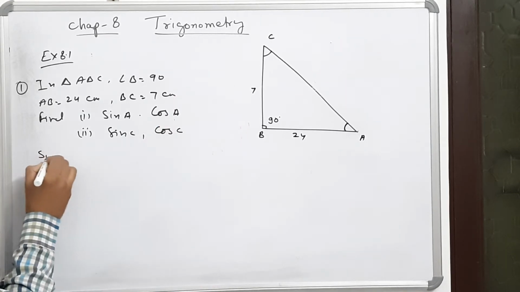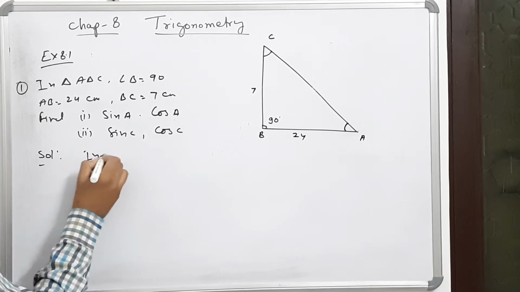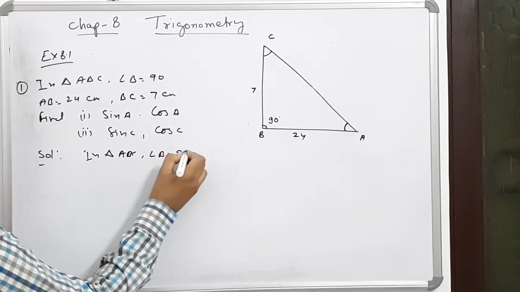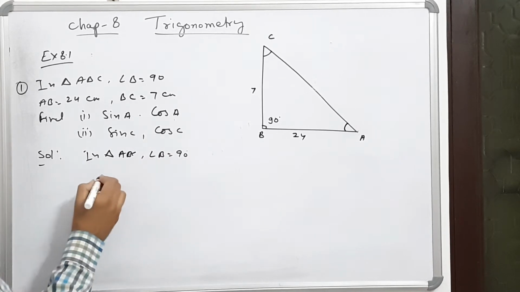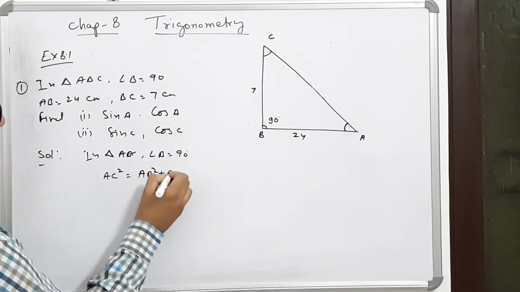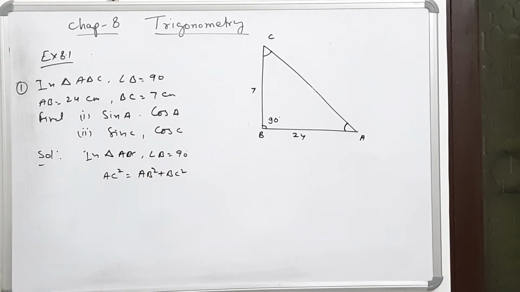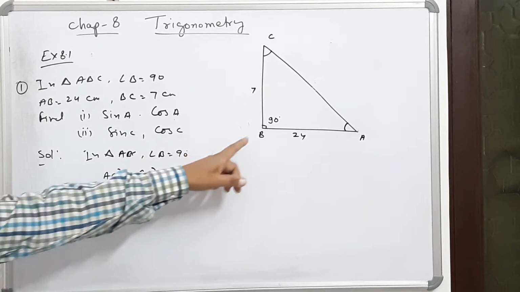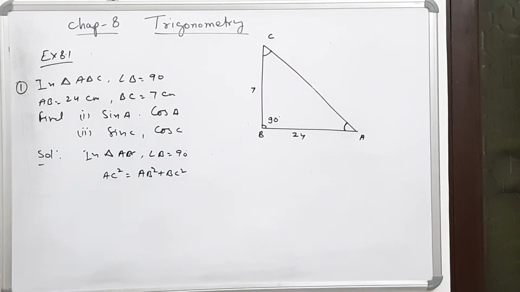So the solution for this is, in triangle ABC, angle B is 90 degrees. So by using the Pythagoras theorem, AC square is AB square plus BC square. I hope it is clear to you. Angle B is 90 degrees, so the hypotenuse will be AC.